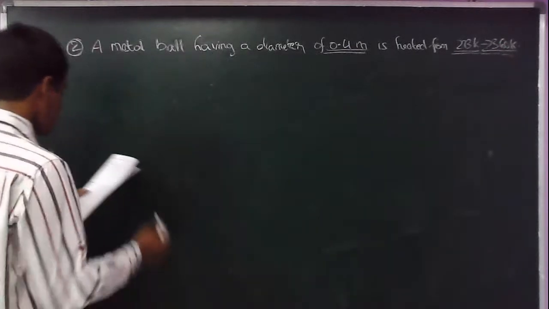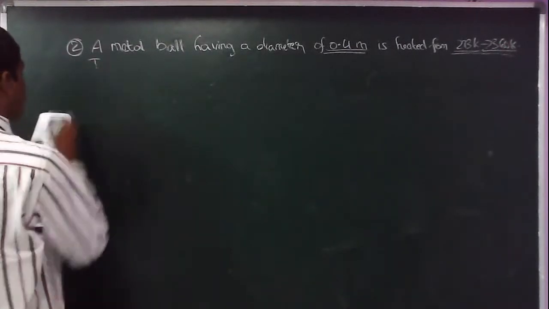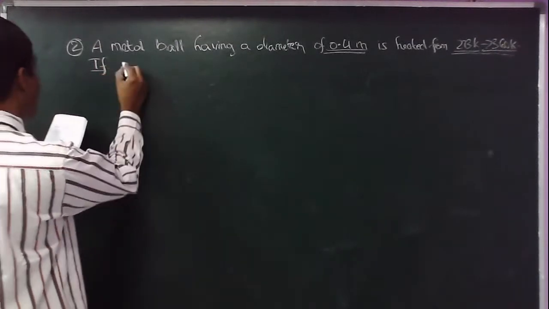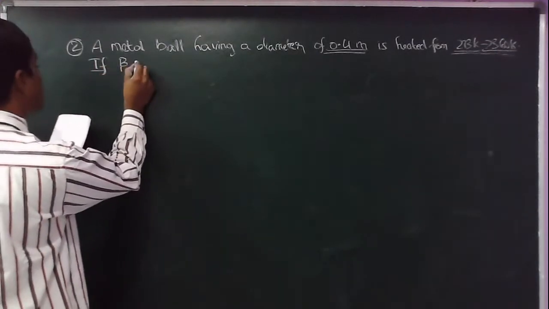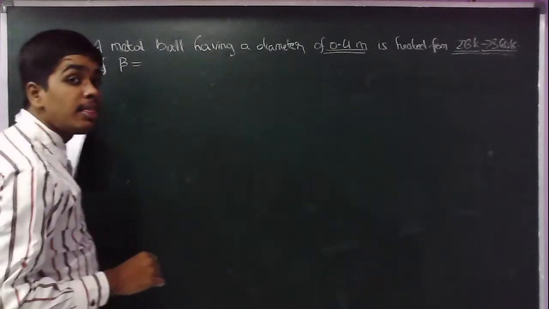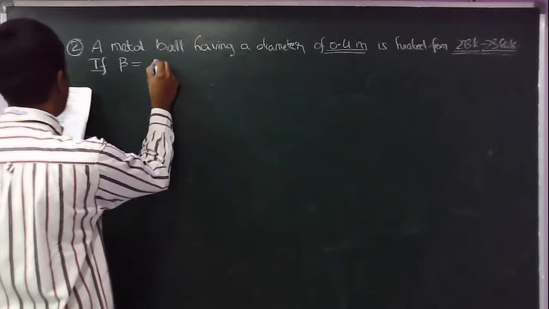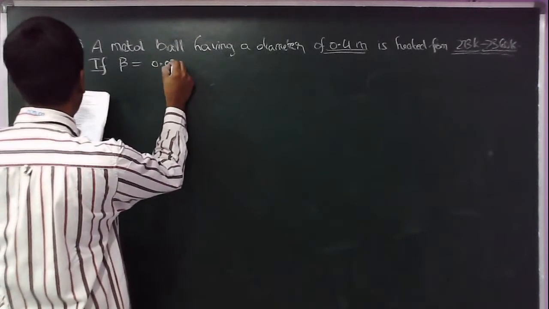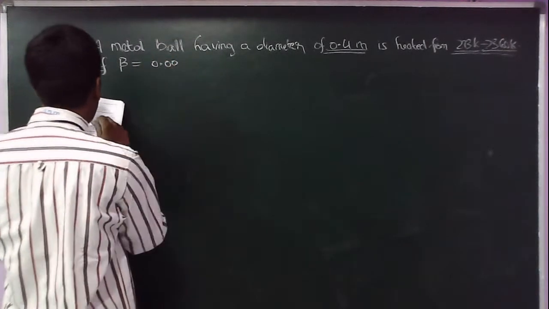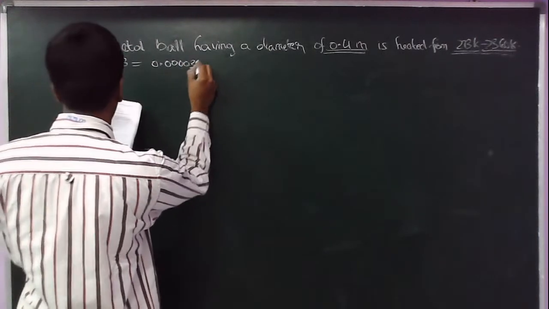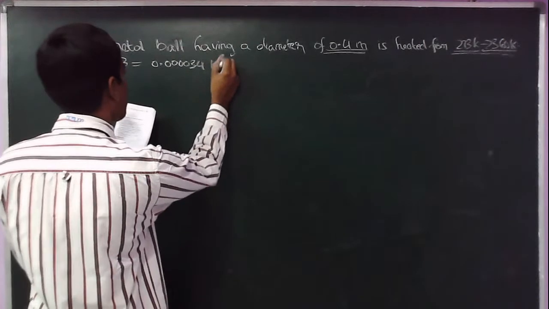Now, beta, they have given the area coefficient of expansion, that is 0.000134 per kelvin.